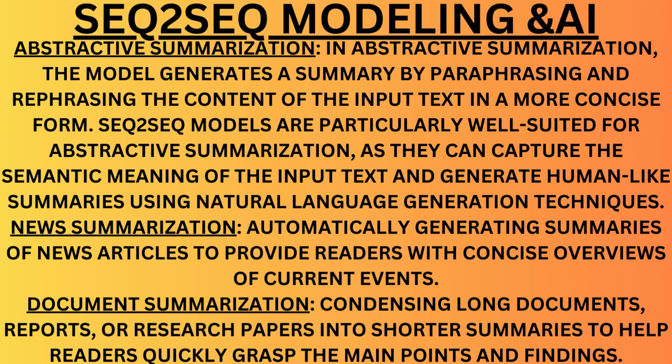News summarization. Automatically generating summaries of news articles to provide readers with concise overviews of current events. Document summarization. Condensing long documents, reports, or research papers into shorter summaries to help readers quickly grasp the main points and findings.